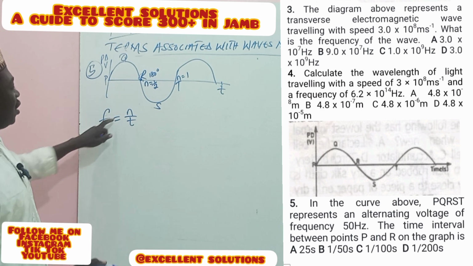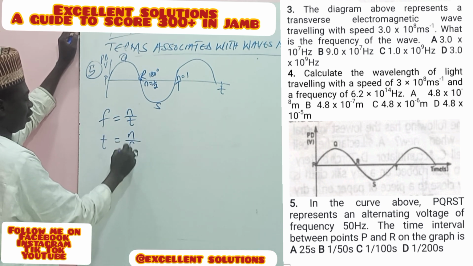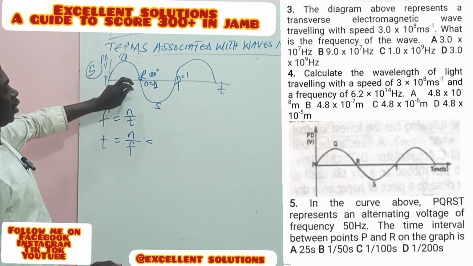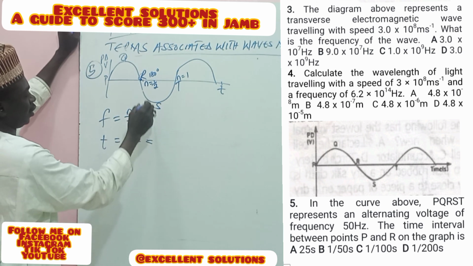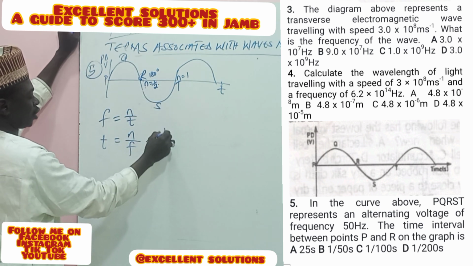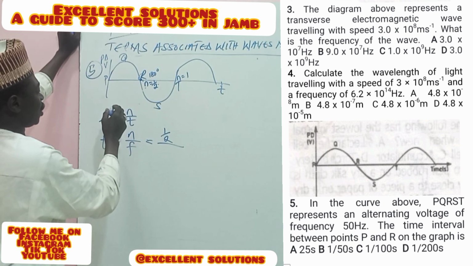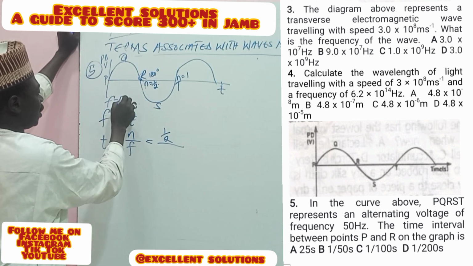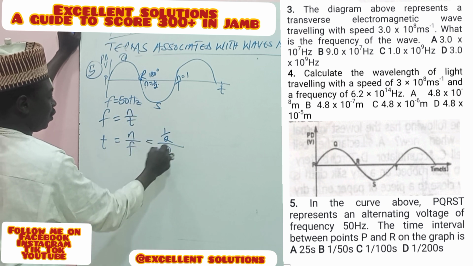So if we make t the subject here, we now have t equals n over f. And looking here, our number of revolutions n is equal to half, which is 1 upon 2, divided by our frequency given in the question, f equals 50 Hz. So we now divide this by 50.